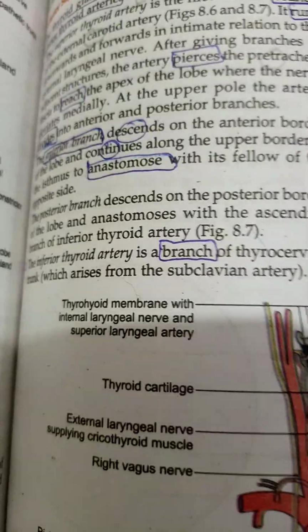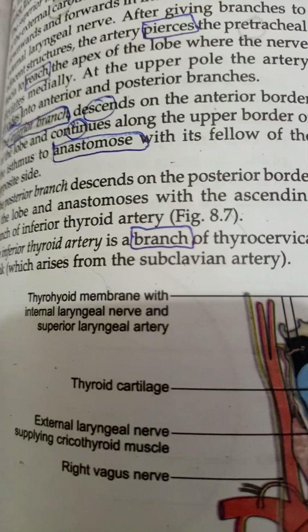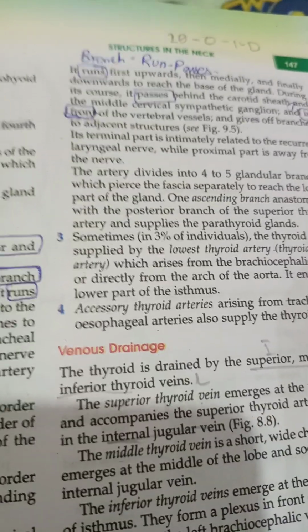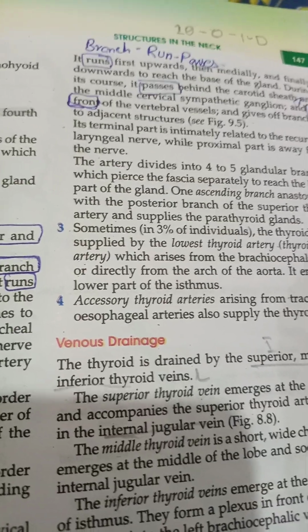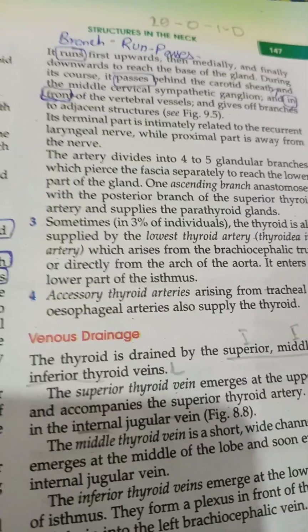The inferior thyroid artery is a branch of the thyrocervical trunk. It runs upwards, then medially, and finally downwards to reach the base of the gland.